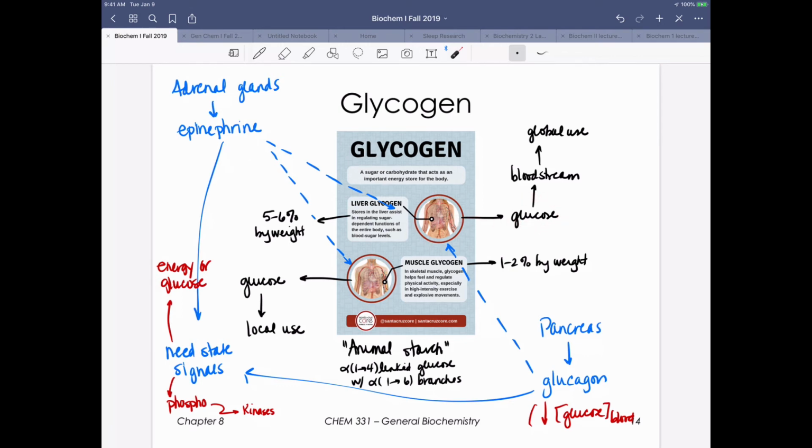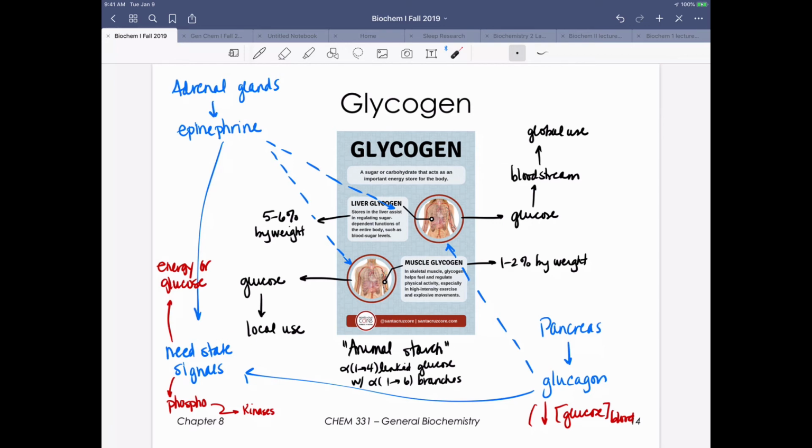It will depolymerize glycogen, break those glycosidic bonds, generate free glucose, release it to the bloodstream, and allow it to be used by any cell that might need to respond to this fight or flight situation. Epinephrine also is responsive in muscle cells. And that's because if you need to fight or flee, your muscles need to have sufficient energy so that they can use it locally.